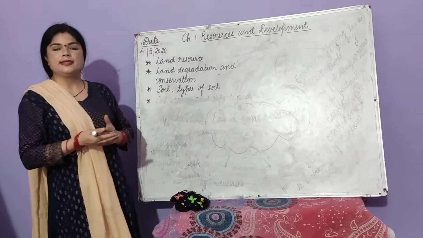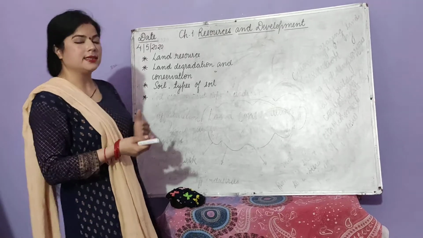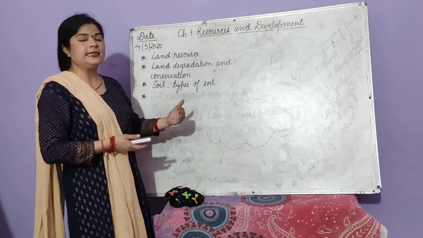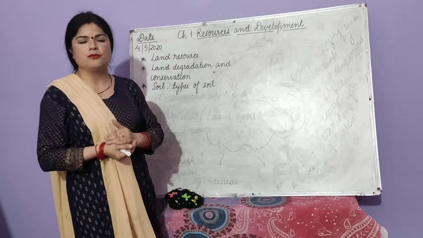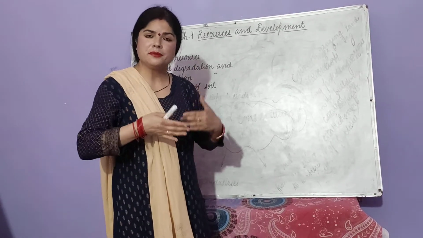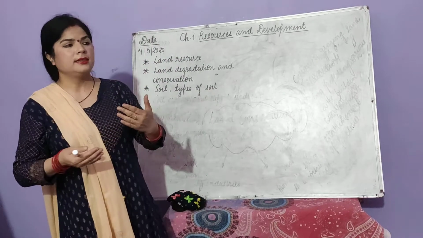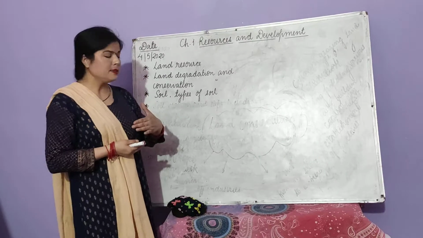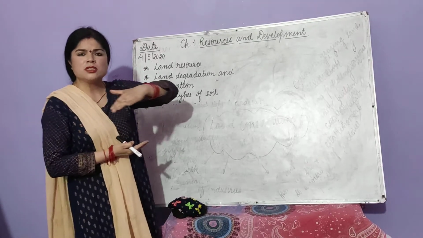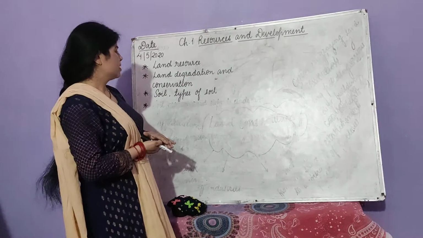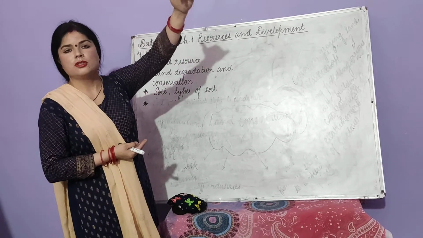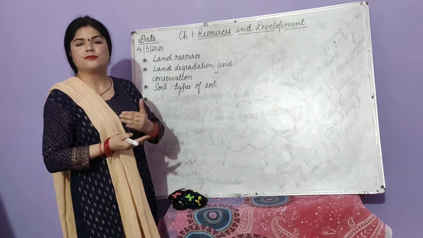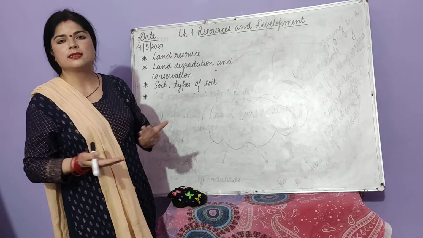There are different layers under the earth which are essential for the formation of soil, and these layers are formed with the help of different pieces of rocks, fragments of rocks, minerals, and so many other things. These different layers help to form the uppermost part of our soil which we find on the top of the earth, which we use for different types of activities, and that is called land.